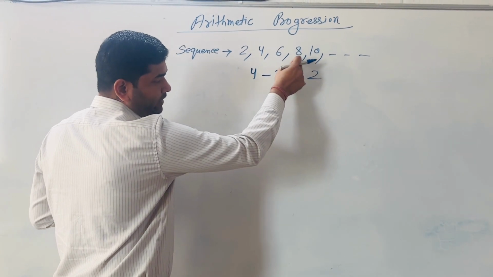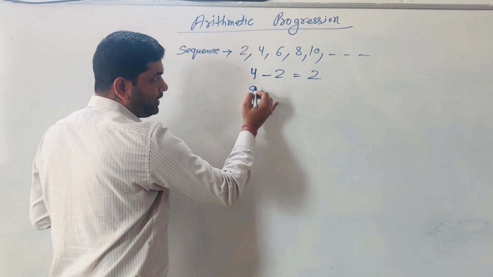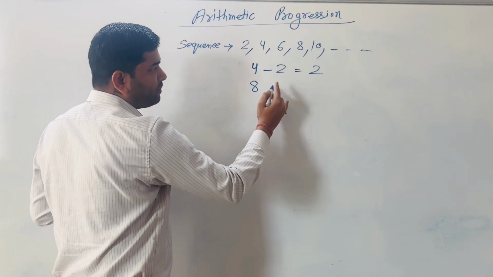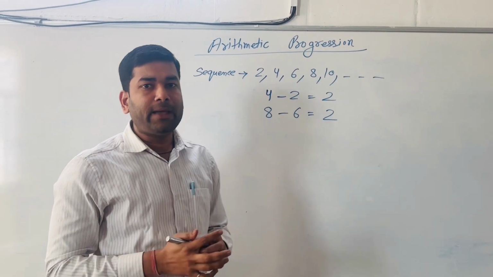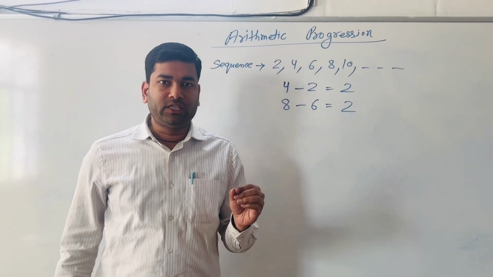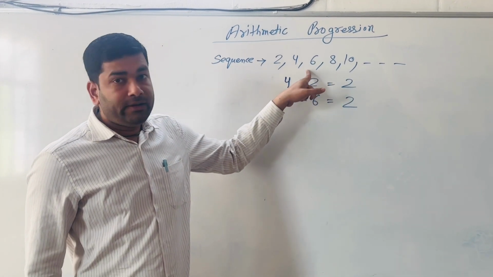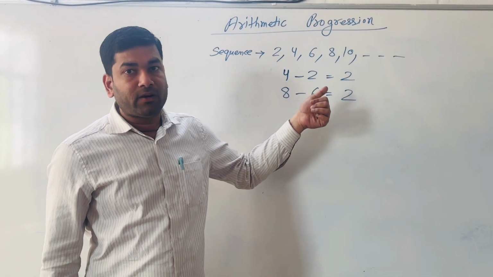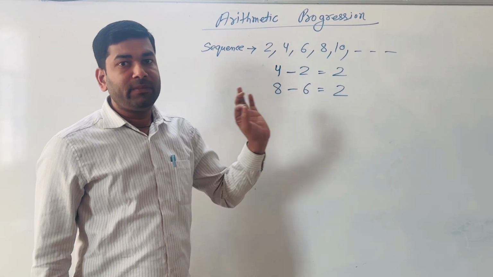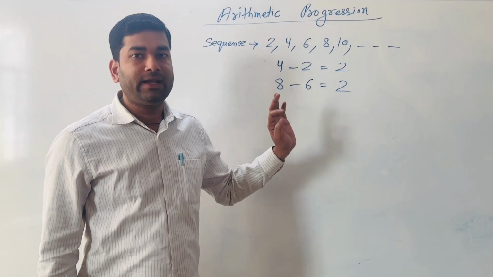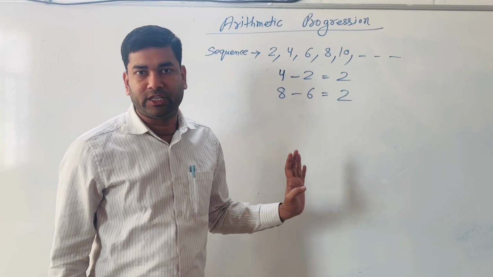Similarly, take 8 and subtract the preceding number 6, again it is 2. So in any sequence, if the difference of any term with its preceding term is constant, then the given sequence is in arithmetic progression.